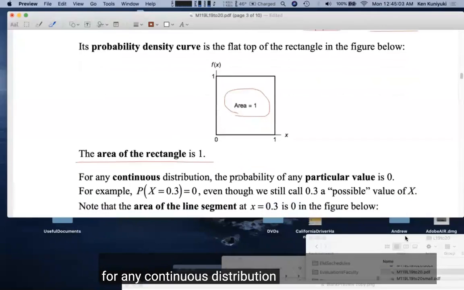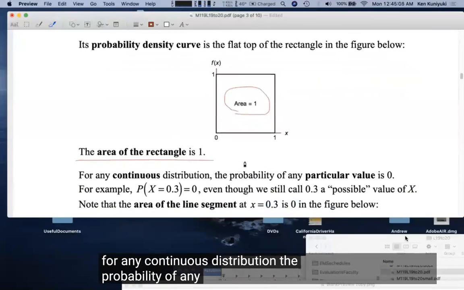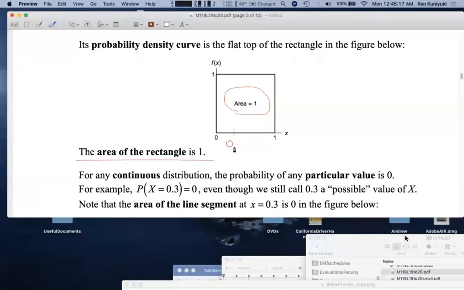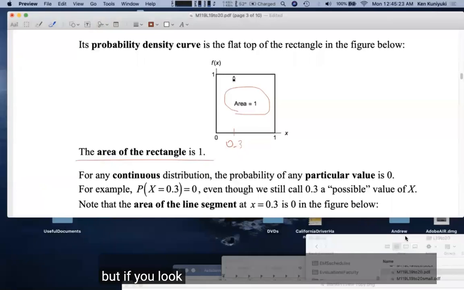For any continuous distribution, the probability of any particular value is 0. So for example, let's say that 0.3 is over here. But if you look at the corresponding area, really, it's just a line segment.